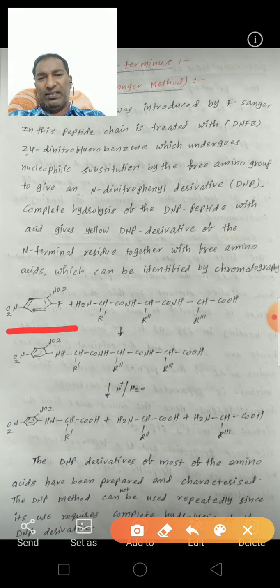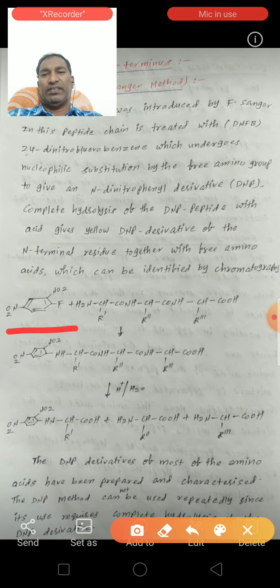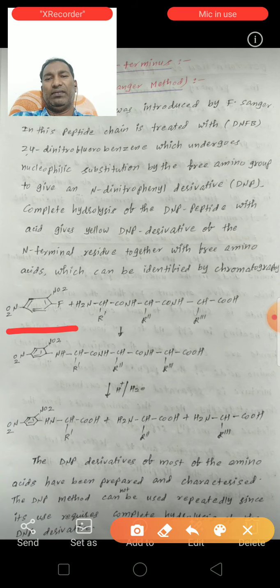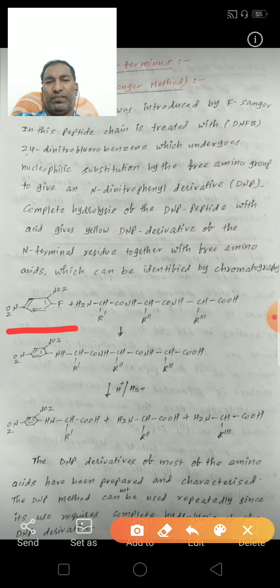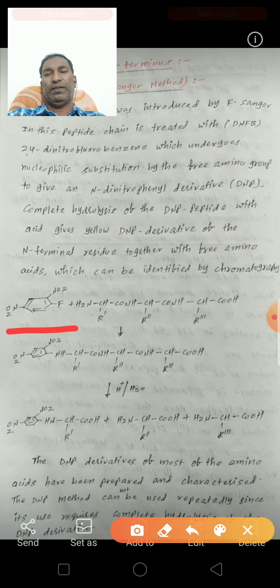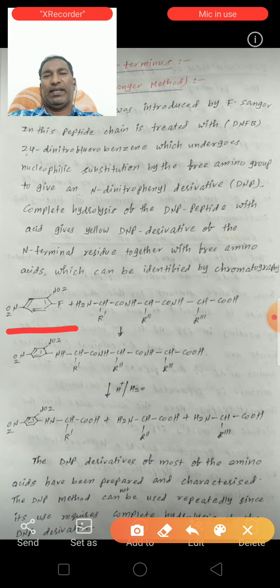See this reaction. This is 2,4-dinitrofluorobenzene, known as Sanger's reagent, which reacts with the peptide. This peptide contains 3 amino acids, that means a tripeptide. The NH group reacts with Sanger's reagent and forms the N-dinitrophenyl derivative.